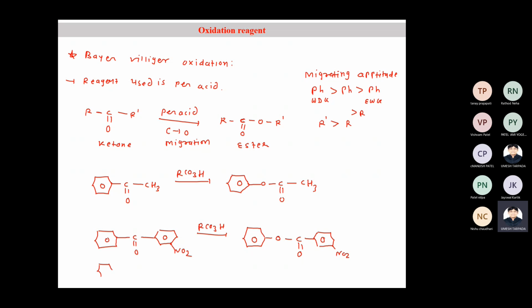But if you have this type of group, an electron donating group, then definitely migration takes place on this side. This ring is more nucleophilic. These are the products.